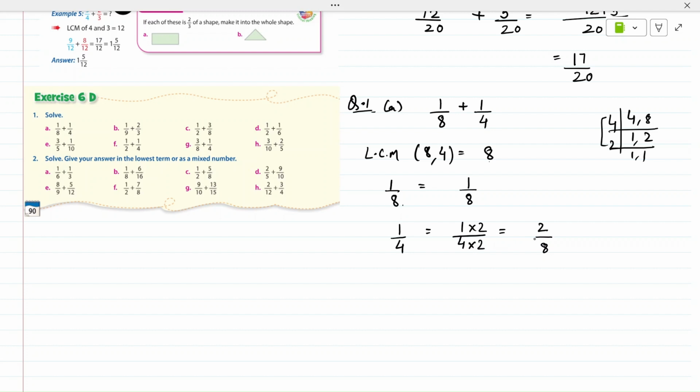This is 1 by 8, this is 2 by 8, and we just add them directly because now these are like fractions. So this will give 8 in the denominator and 1 plus 2 in the numerator, which is equal to 3 by 8. Okay, easy. So same thing: we find the LCM because these are unlike fractions, change them into like fractions and add them directly.